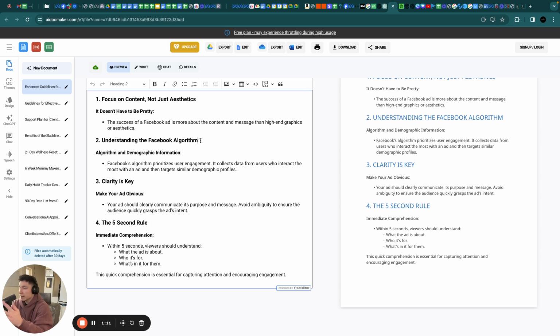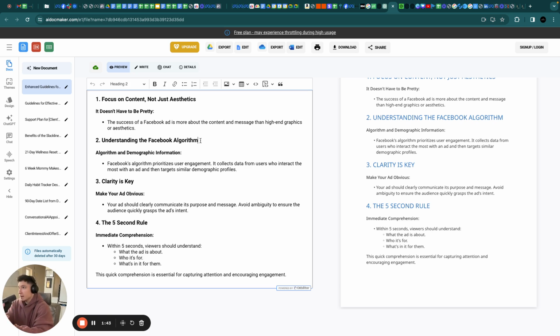If someone's scrolling and they see a weight loss ad and they have absolutely no interest in losing weight, they're going to keep scrolling. They're not going to spend any time on it because there's no reason for them to. Whereas someone who might even have a little bit of interest in losing weight will spend a little bit more time on it. They might even click the read more button to read the full description. They might open up the lead form, and it collects the data from that person. And then it's going to show it to more people like the person that spent time on it.